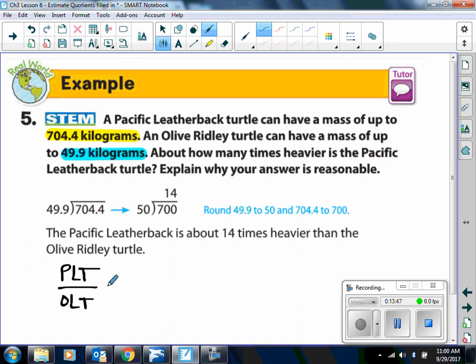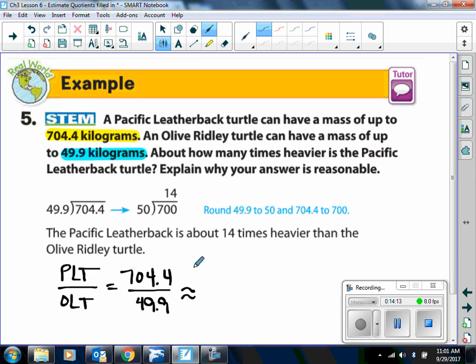So when we're doing this division, we're going to divide 704.4 by 49.9. When we round, and the squiggly equal sign means approximately equal to. That's what happens when you round. It becomes approximate.